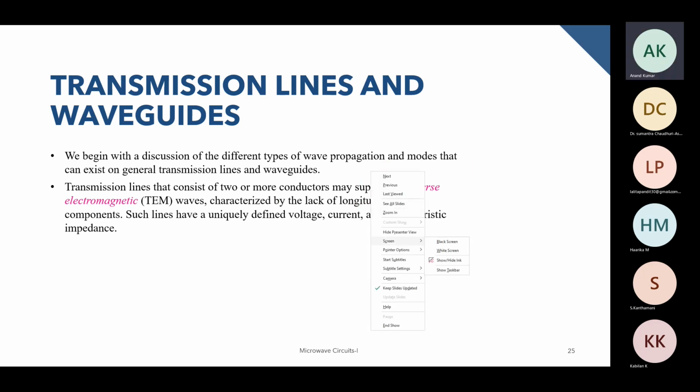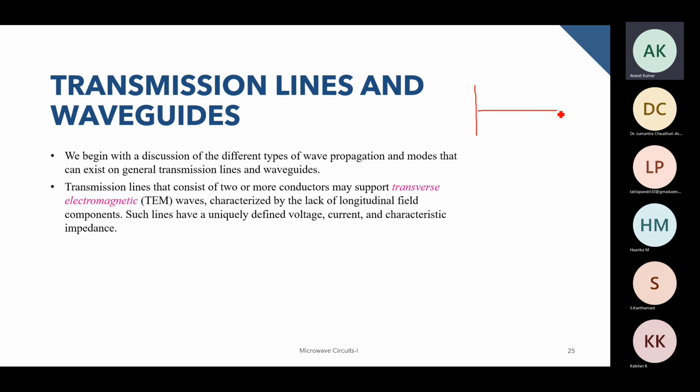What we're trying to say is, let me use the pen over here. For example, if a wave is propagating in this direction, the transverse components are perpendicular to the direction of propagation.